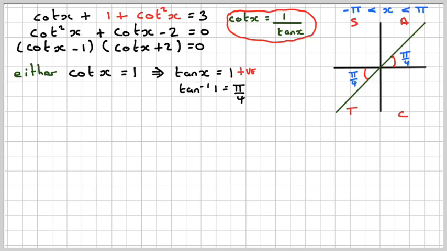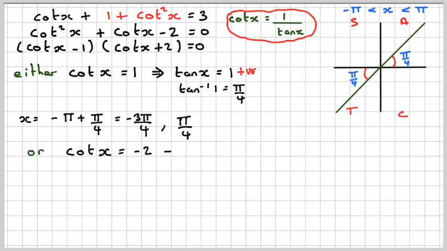And then remember we're solving from minus pi to pi here, so the first solution we need to go back here to pi, so it'll be minus pi plus pi over 4, which will give me minus 3 pi over 4, and the other solution will be pi by 4.